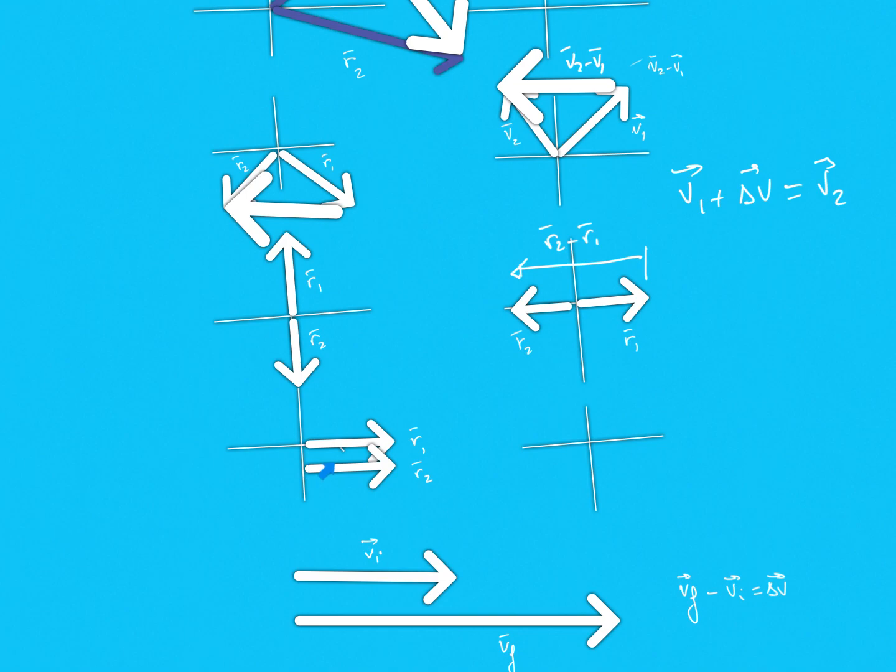R2 minus R1. So I will take R2, minus R1 will be equal to R2 plus minus R1. So I have R2 here. Now I have to add the vector minus R1. The vector minus R1 is this vector.